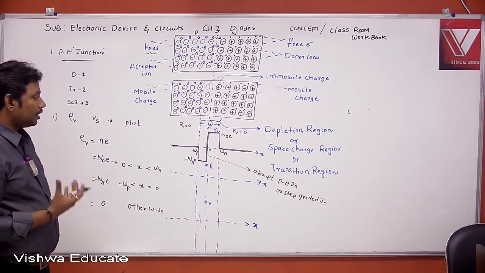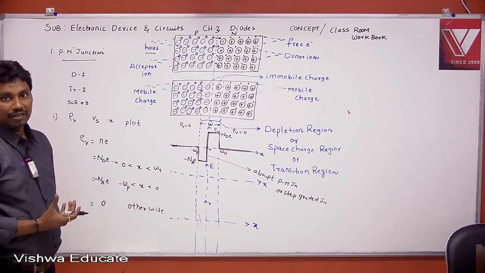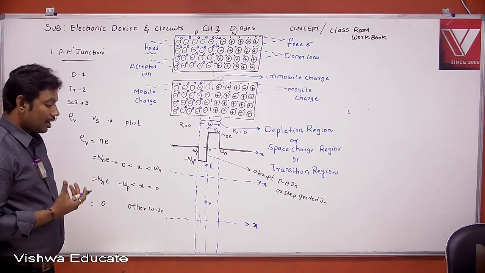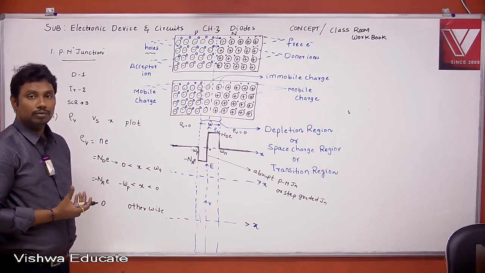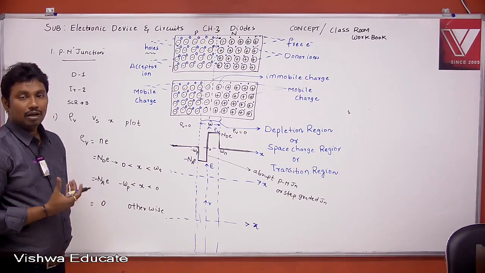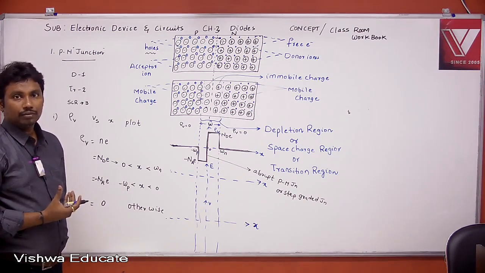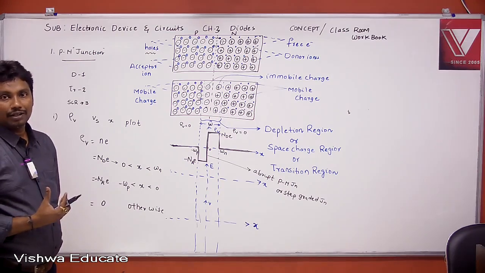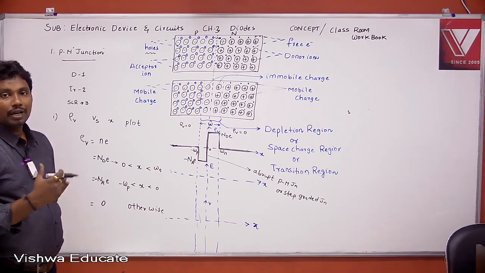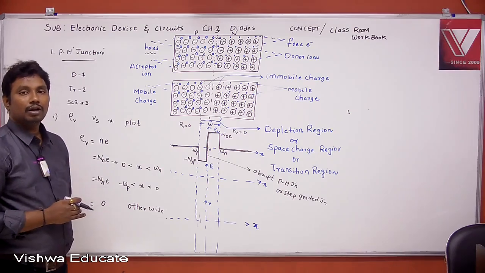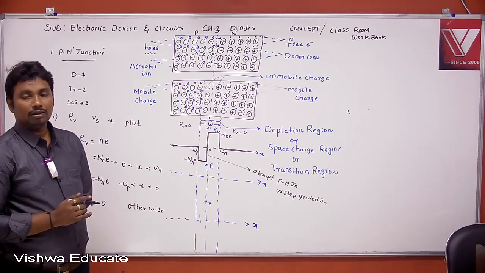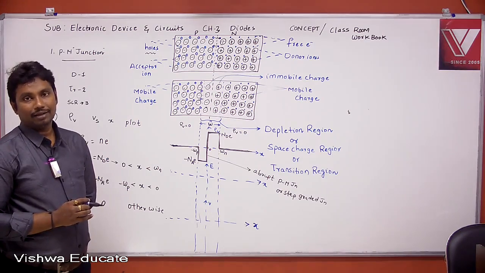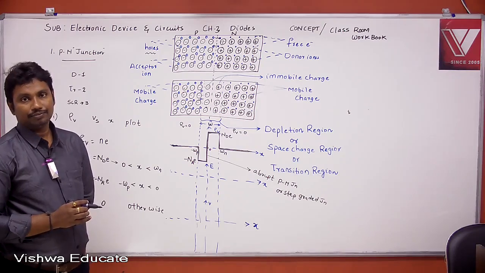Next, within a depletion region, the charge density is non-zero due to immobile charge carriers, that is acceptor ion on P side and donor ion on N side.